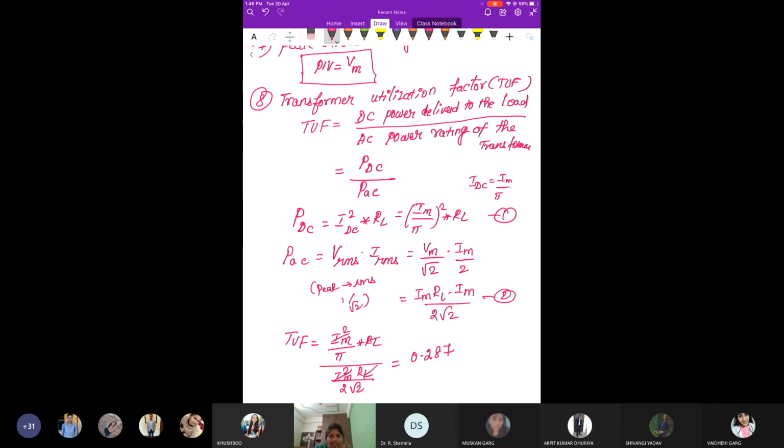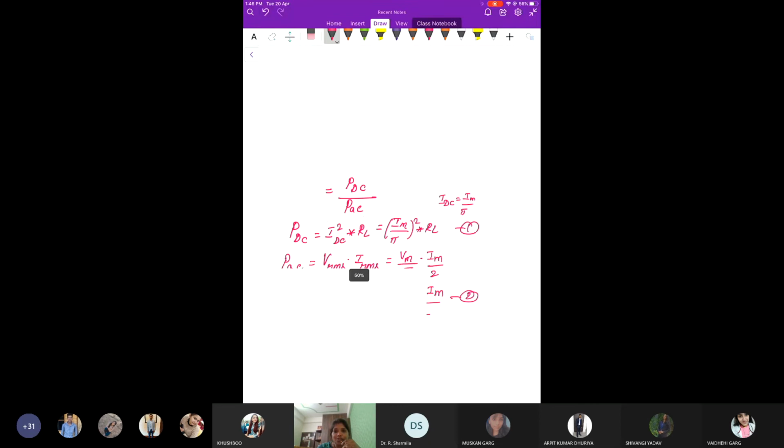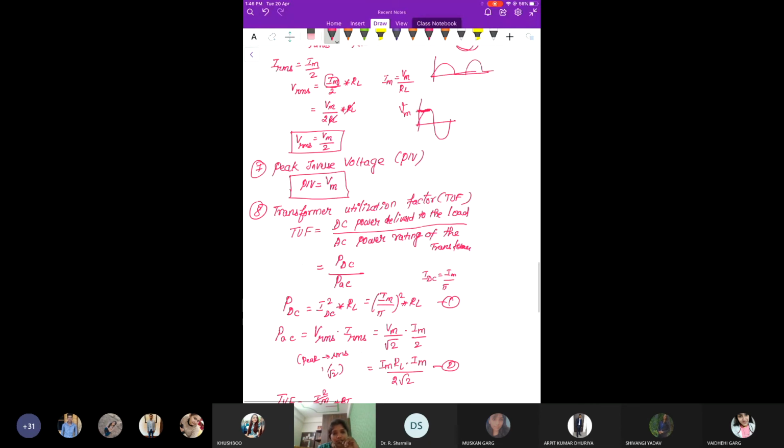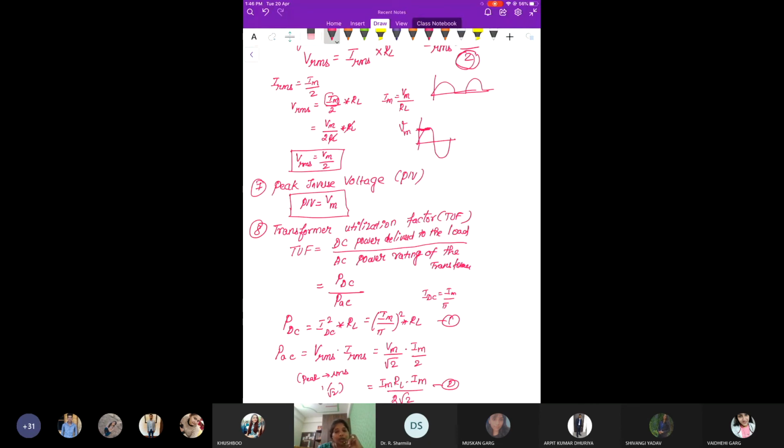As CSC students, you are not asked to derive these analysis parameters, but still you have to go through it once. It will be useful if they ask a 10 mark question asking you to derive all the equations. The same procedure we are going to use to analyze these parameters for the full wave rectifier also.